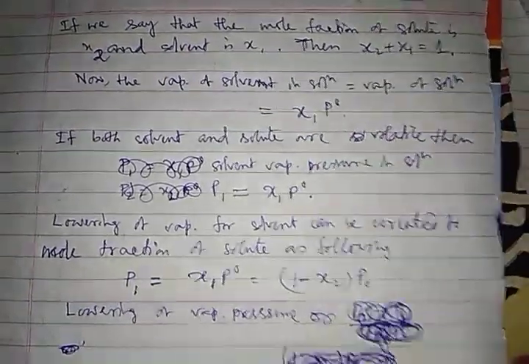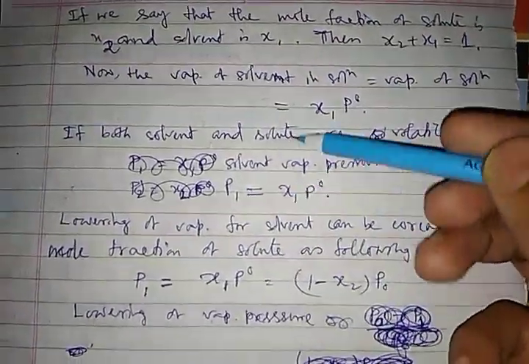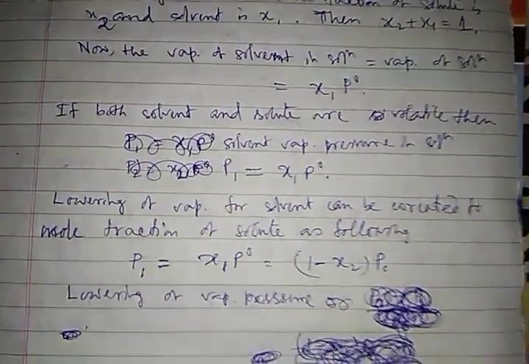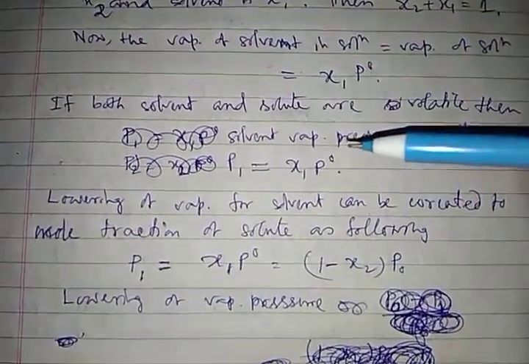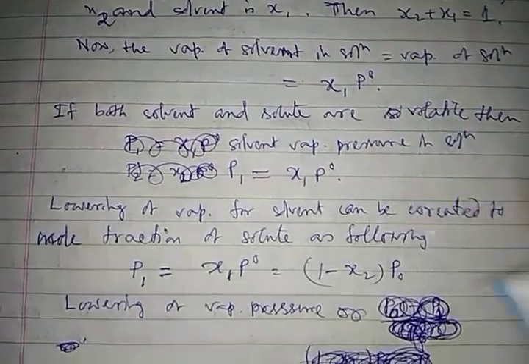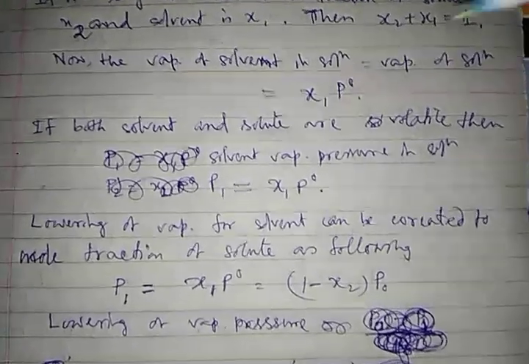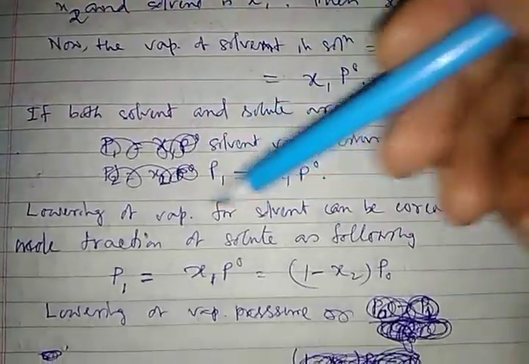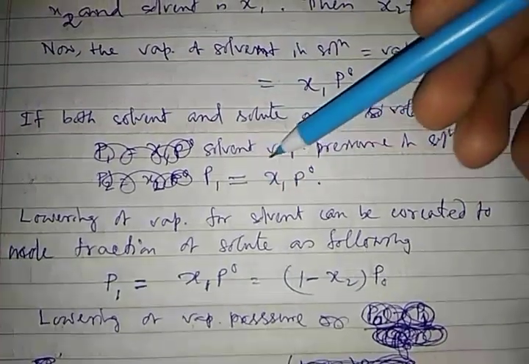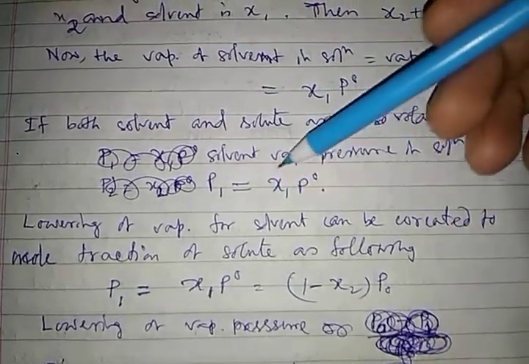If we set that aside, we notice that there is a decrease in vapor pressure when going from a pure solvent to a solution. Because X1 is a fractional number, it is not equal to 1, it is less than 1.